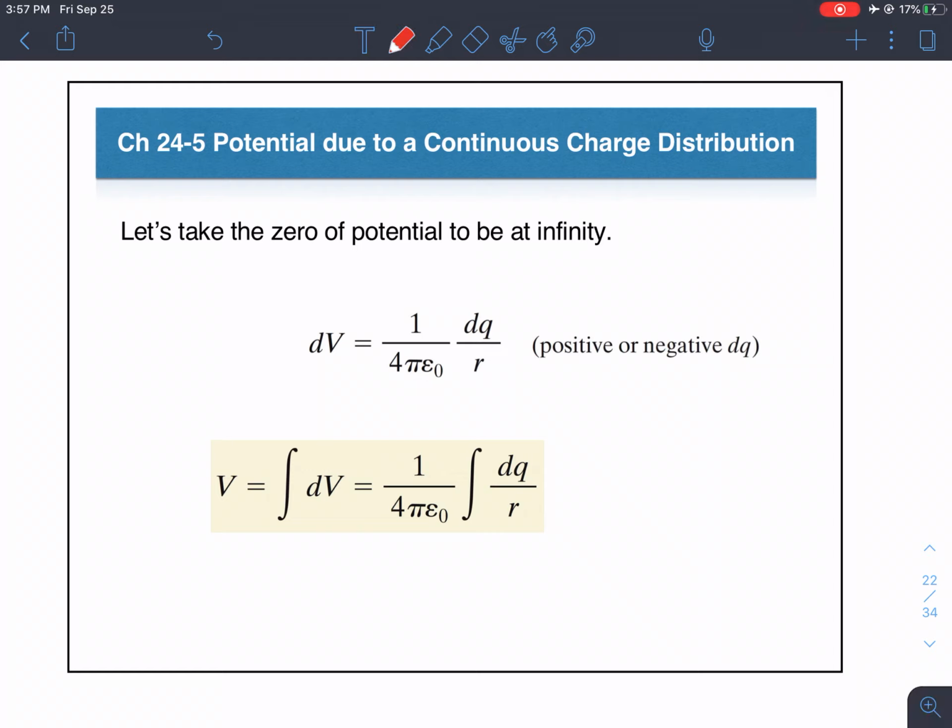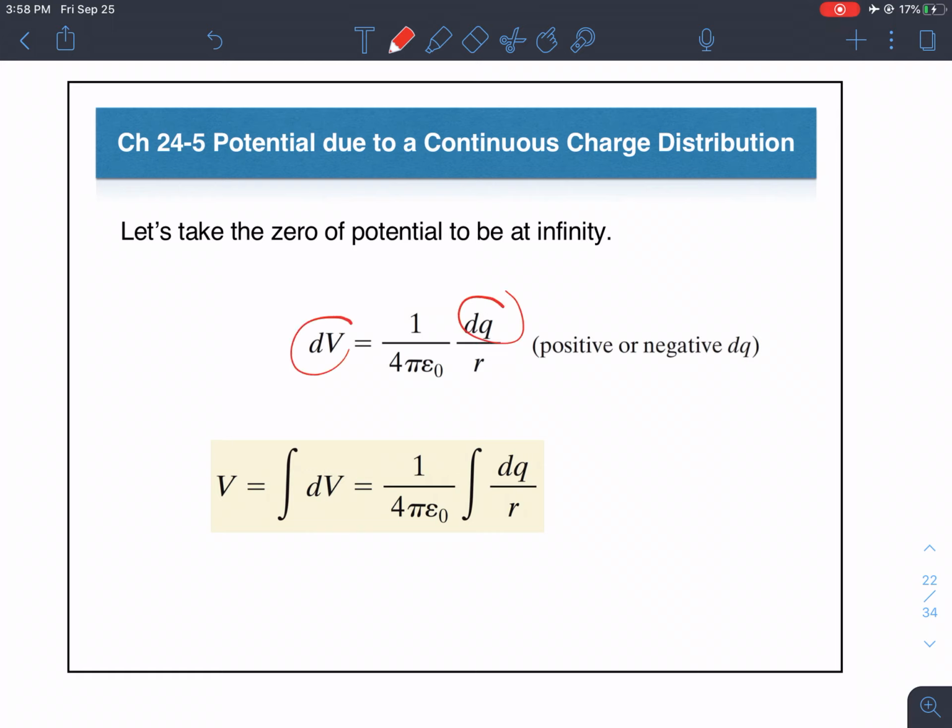First of all, just like the electric field, we couldn't use the point charge electric field if there was a charge distribution. Now we need to use a small charge, an infinitesimally small charge dq, and that contributes to the electric field as dE. So it's a very small electric field contribution as well. We have the same thing here.